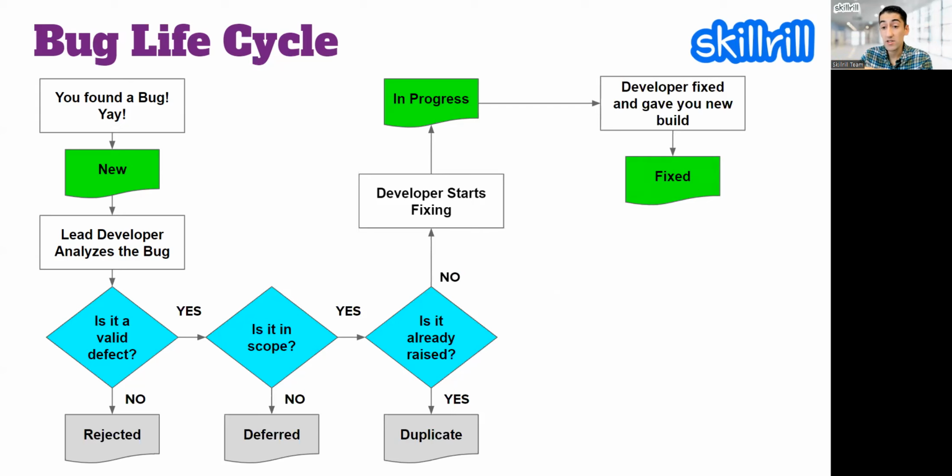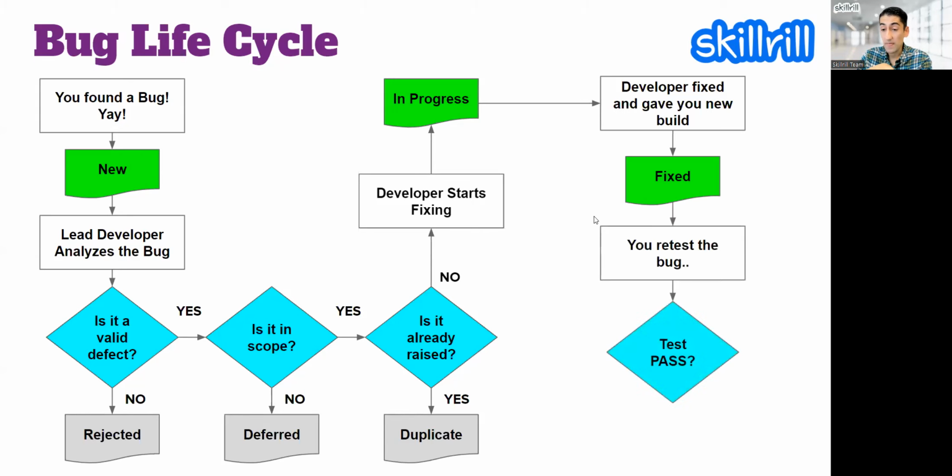And they're going to assign it back to you. So if you're a tester, they will say, hey, Mark, this is fixed. Why don't you go ahead and retest it? You need to retest when something is fixed, right? When the bug report is fixed, your job is to retest it. So when you retest, that means you're basically checking again.